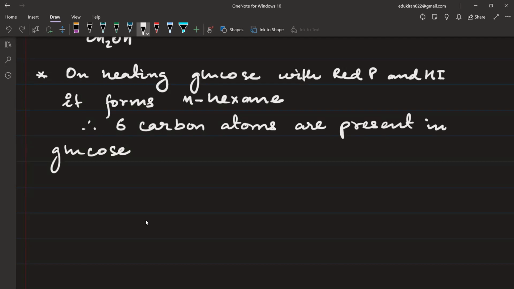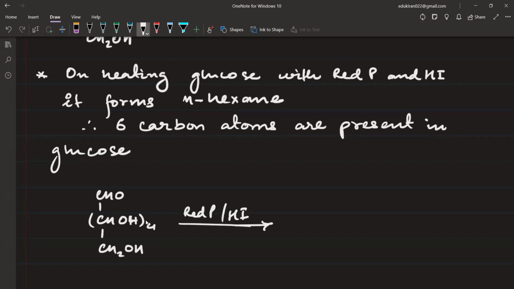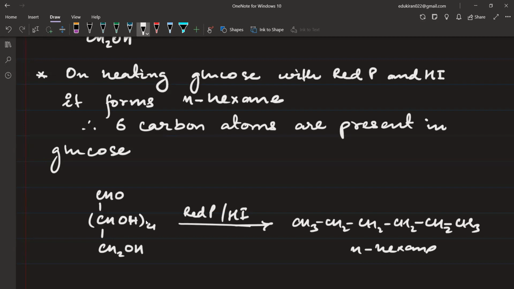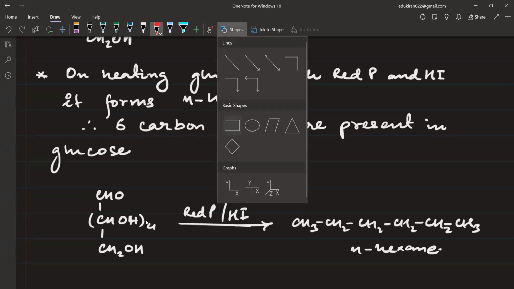Okay, so you write it like this: CHO, CHOH 4 times, followed by CH2OH, with red phosphorus in the presence of HI. It is going to give you N-hexane. N-hexane is normal hexane: CH3, CH2, CH2, CH2, CH2, and then again one CH3. So write this reaction.